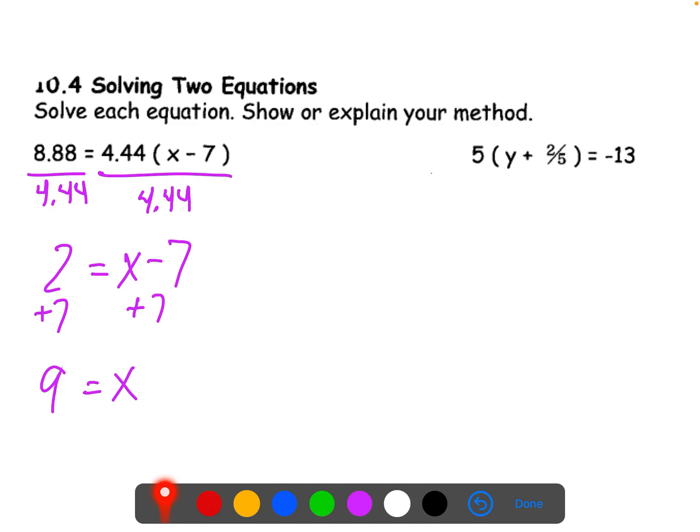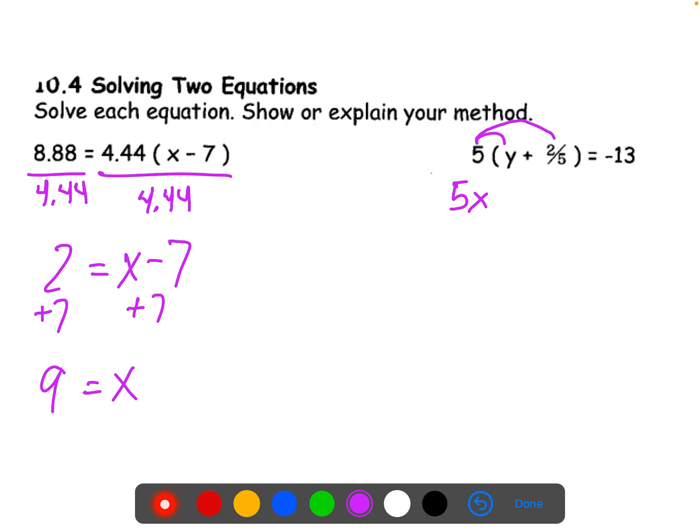So 5 and -13. If I divide -13 by 5, that's going to be a fraction that I'm not going to want to really have to deal with if I can avoid it. So let's try distributing here. Here I'm going to distribute and get 5y, and then I'm going to take 5 times 2/5. Now that works nicely.